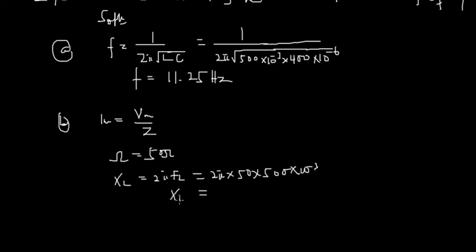When you calculate the value for XL, we have XL equal to 157 ohms.